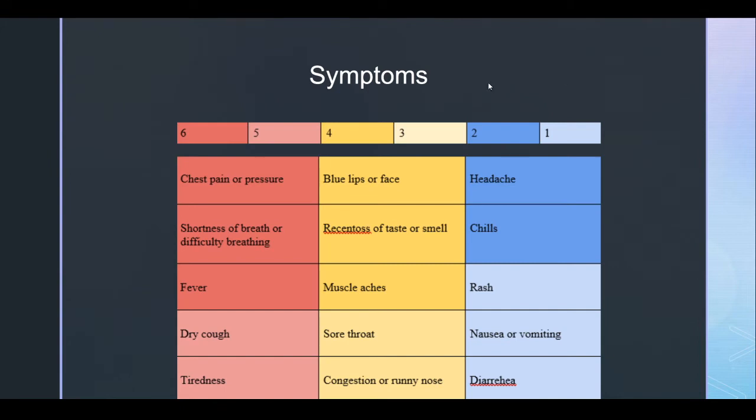Okay, so this is our modeling proposal, where we picked the 15 most common symptoms that the World Health Organization reports for COVID-19 patients. We made a severity scale that goes from the worst, which has a number 6, to the less worse, which has a scale of 1.